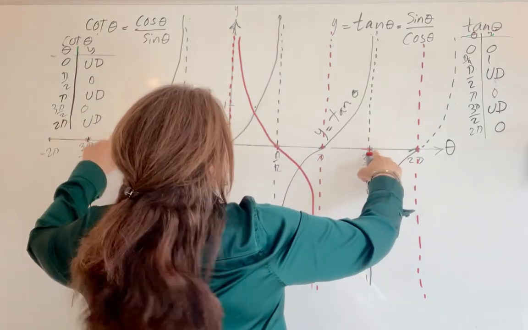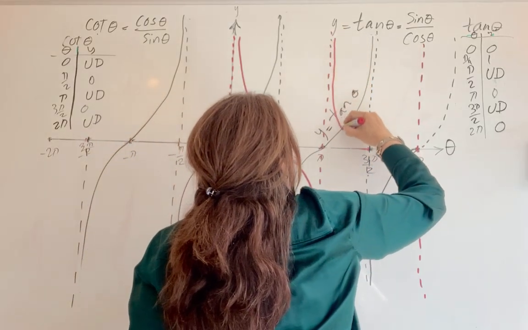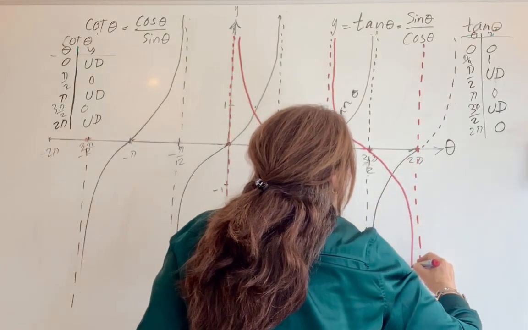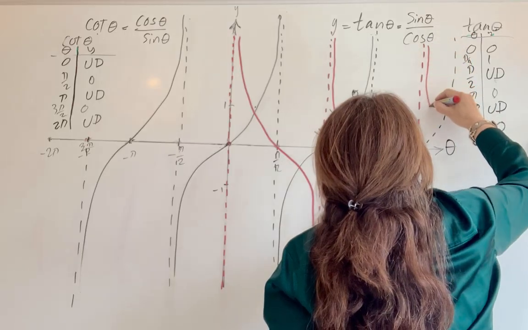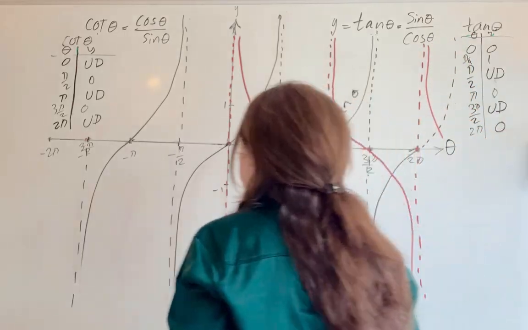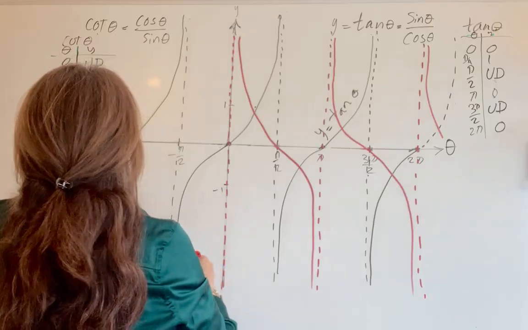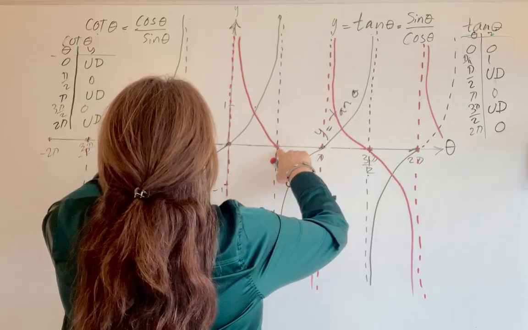Again, at this point it gets 0 again. And here it is undefined. And it repeats again. And here we can repeat this one, at pi over 2 it gets 0.